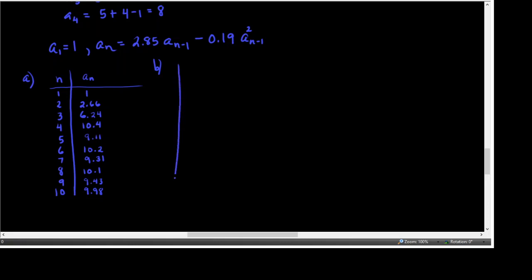So n was the year number, so I'm going to label that. Since it's a word problem, we should probably relate it to the words of the problem. And on our a sub n axis, that's the insect density, what we're calculating, the insect density.